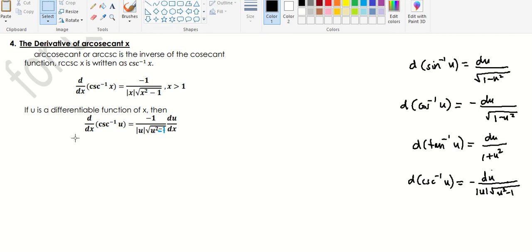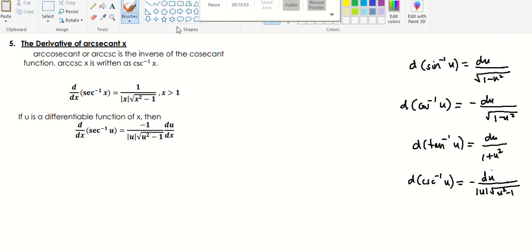Okay, let's have the other derivative. Now let's have the derivative of arc secant x. Alright, so this is arc secant, hindi arc cosecant. Okay, wait.